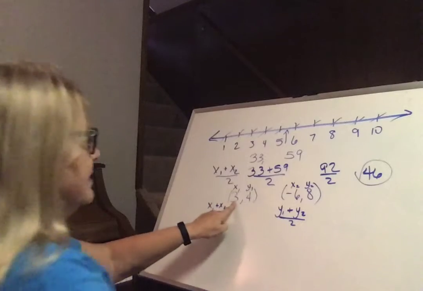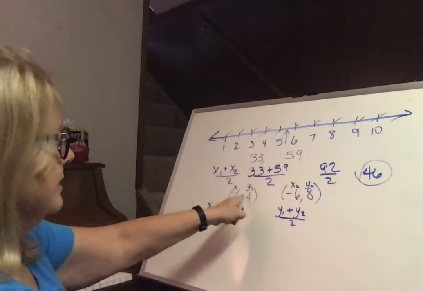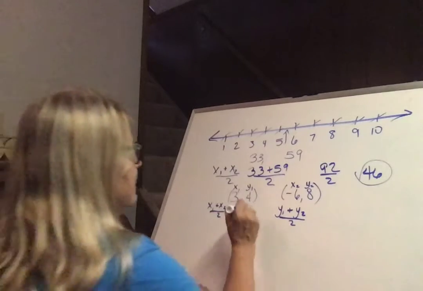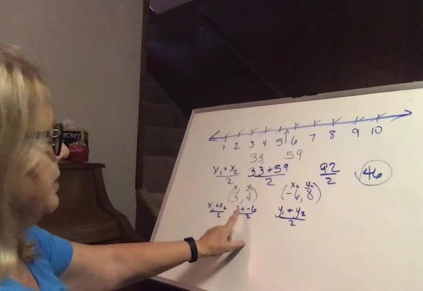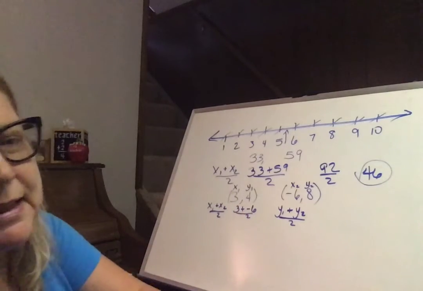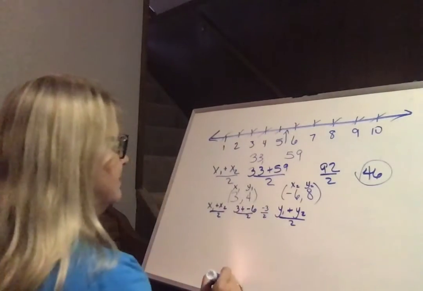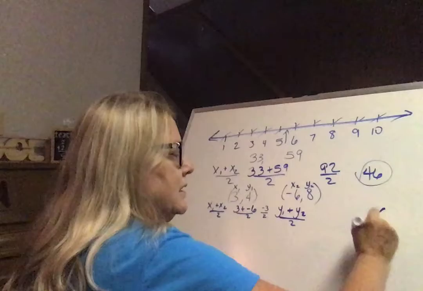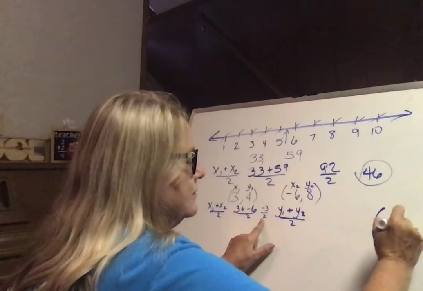The first x is 3. The second x is -6, divided by 2. 3 plus -6 is -3, over 2. So the first coordinate is -1.5.